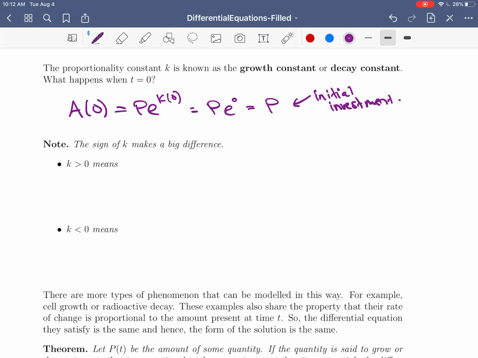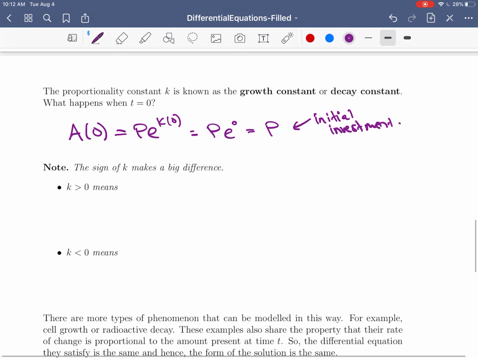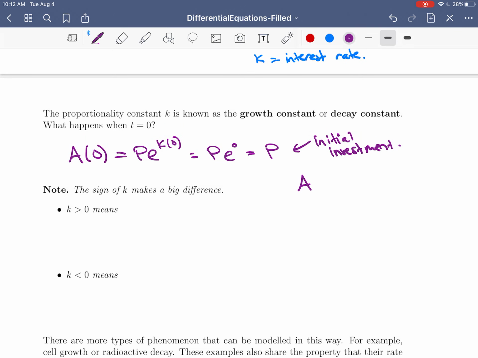If k is positive, so we had a of t is p e to the kt, that means your exponential is growing this way, because that's what e to the x looks like. So your quantity, which in this case is your money, is growing.